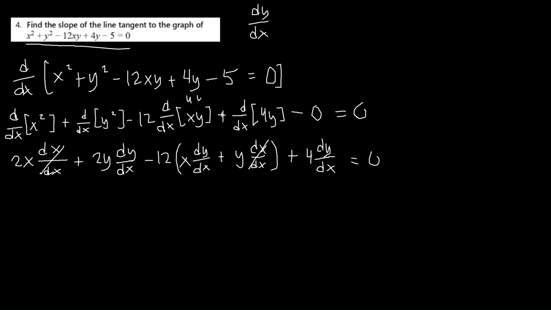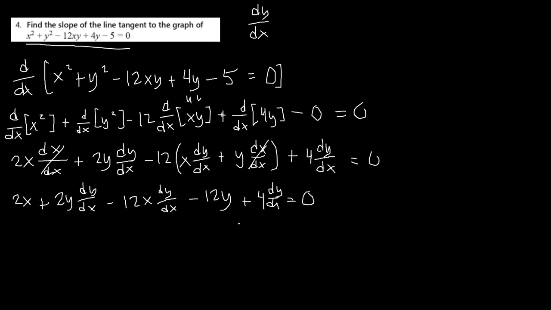So now let's copy the whole thing. 2x plus 2y dy over dx minus 12x dy over dx minus 12y plus 4 dy over dx. Now we will combine like terms. Let's have on the left side the ones with dy over dx, and on the right side the ones without dy over dx.